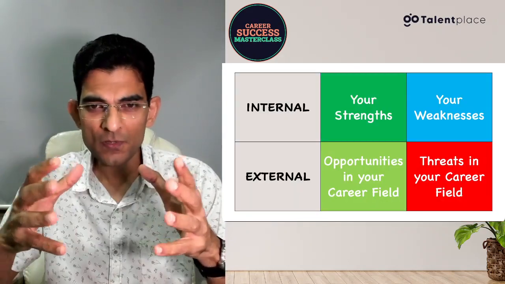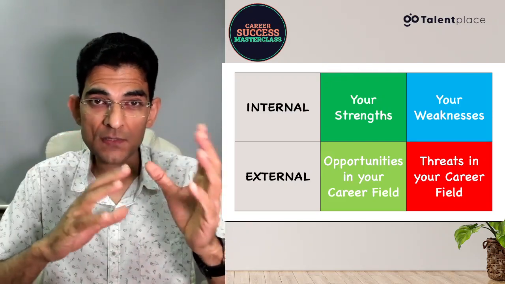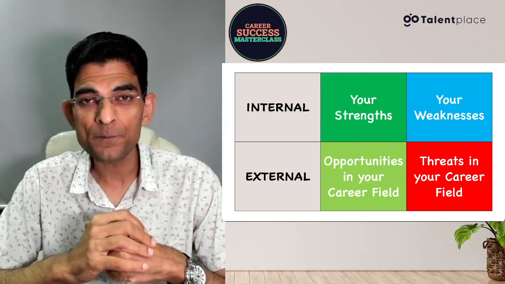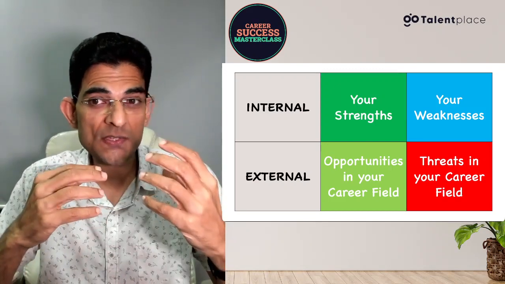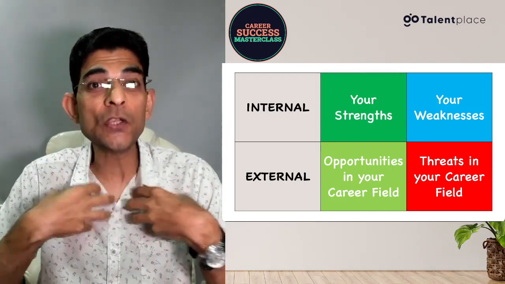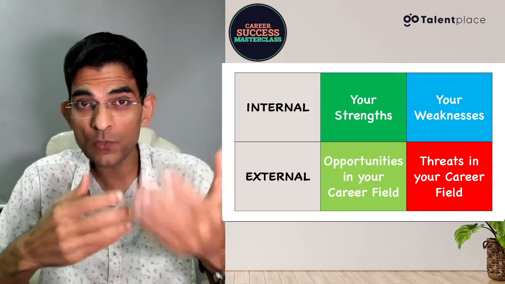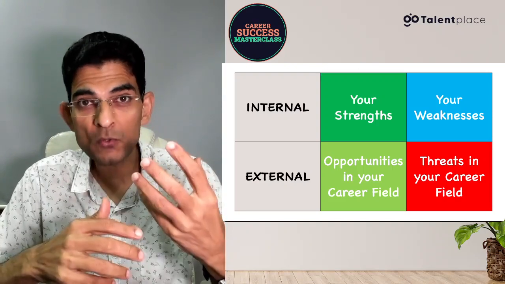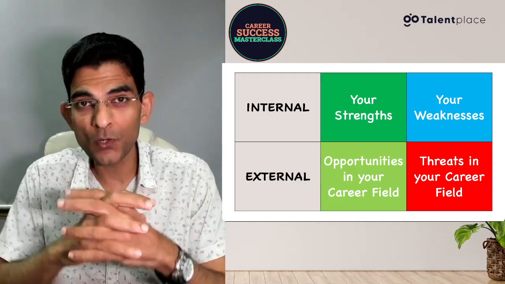There are four quadrants in this: the strengths, the weaknesses, the opportunities, and the threats. If you analyze closely, your strengths and weaknesses are the internal things, and you will find these through your Johari window exercise: what you feel about yourself and what others feel about you.